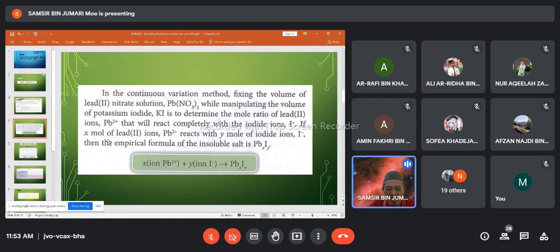So if x mole of lead(II) ions react with y mole of iodide ions, then the empirical formula of the insoluble salt is PbIₓ. This is the concept, the idea that we have to keep in our mind.